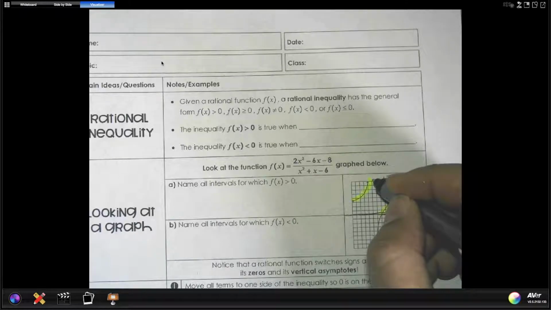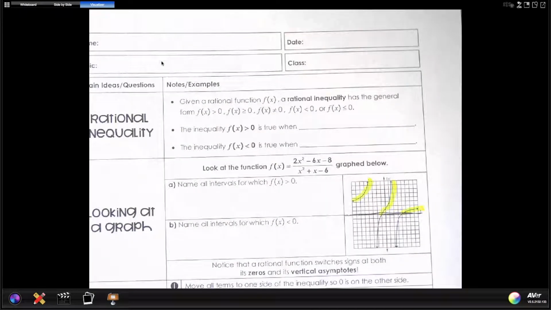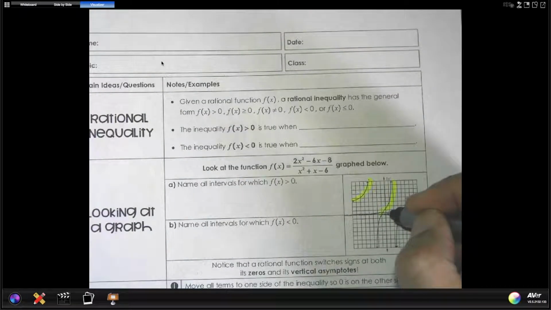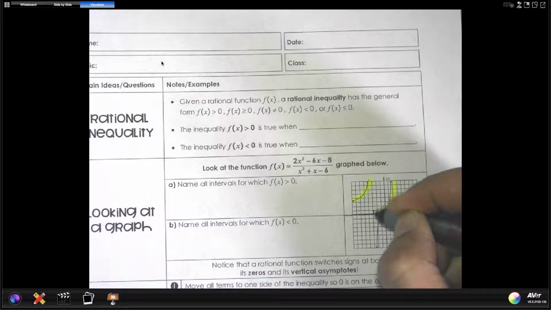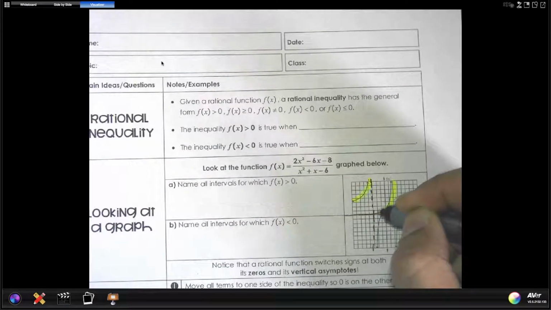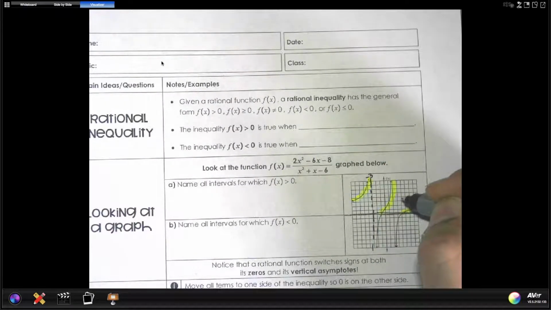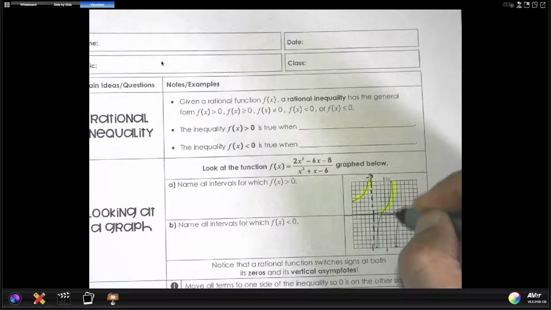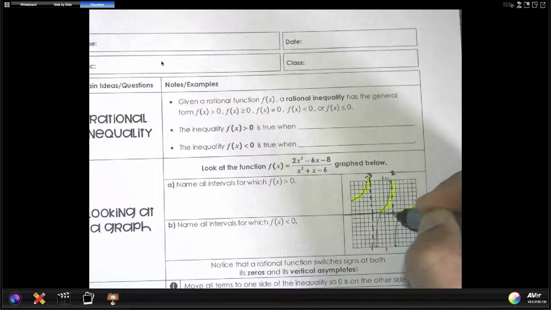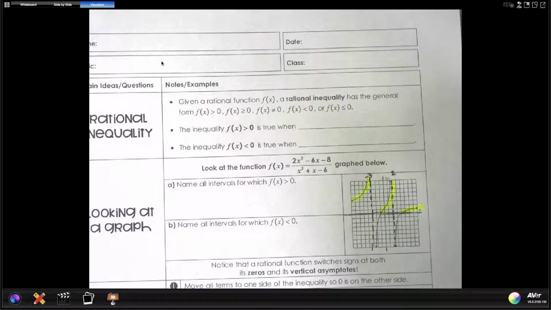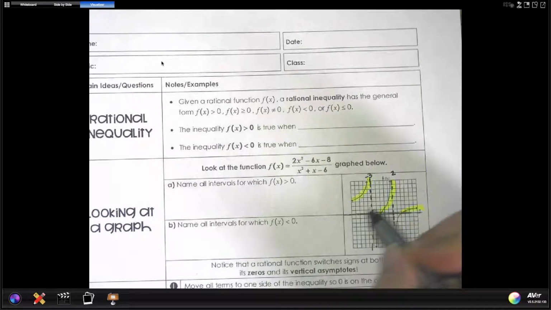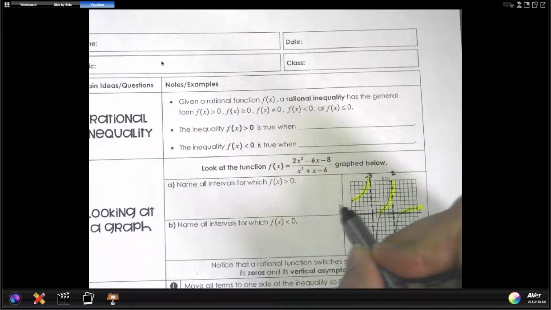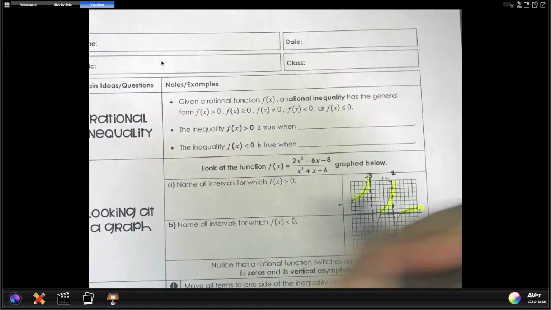So really you can see that we have an asymptote at -3. So like right here, we have one at -3. We have an asymptote at, let's see, 2. So I'm going to put a 2 up here. And so where this graph is above 0 is going to be from -infinity to -3.